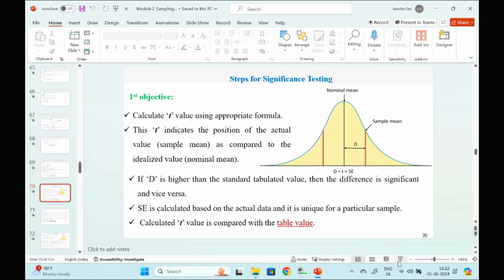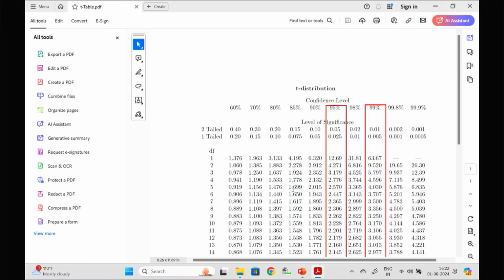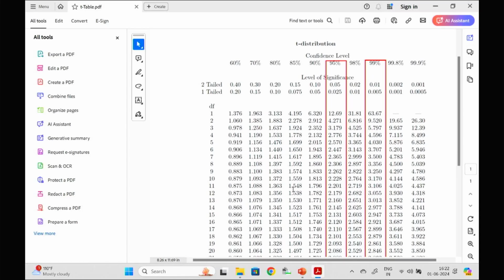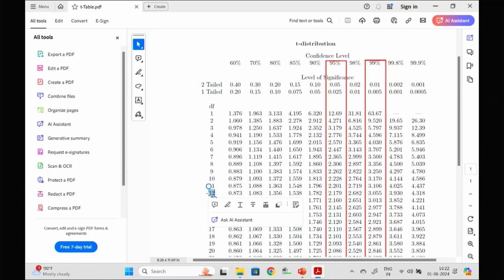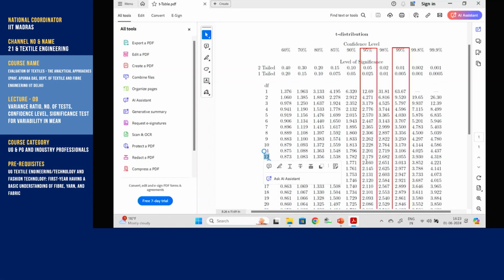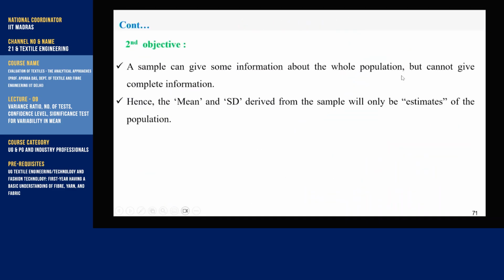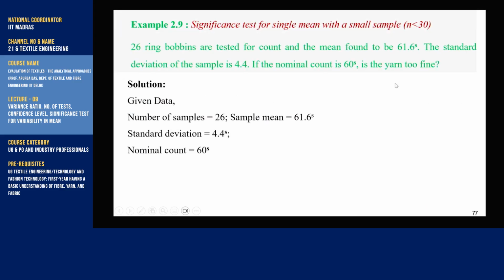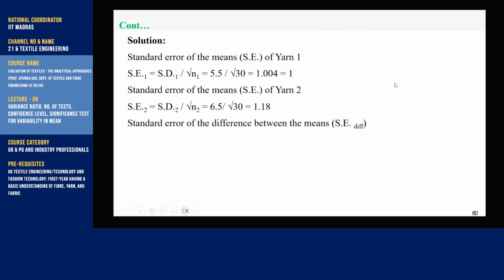If we check the t value for 12, it is 2.17 and 3.05, and we have got the t value as 1.29.